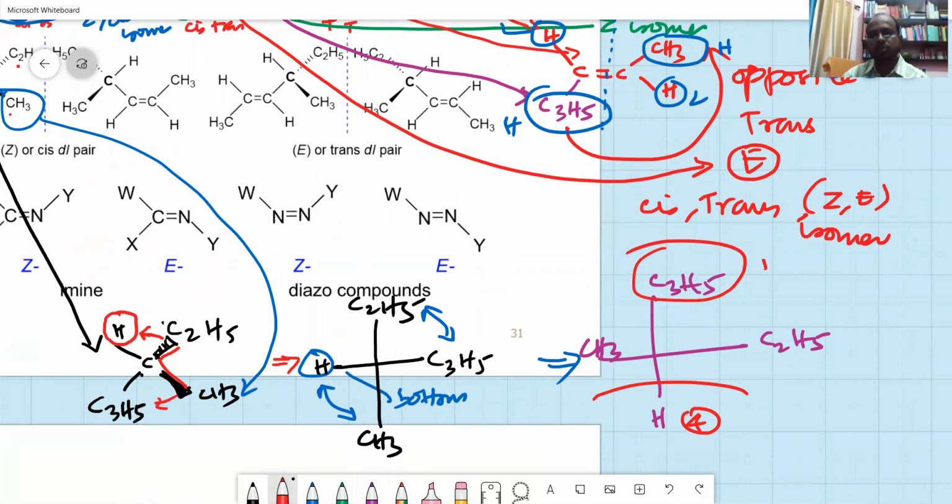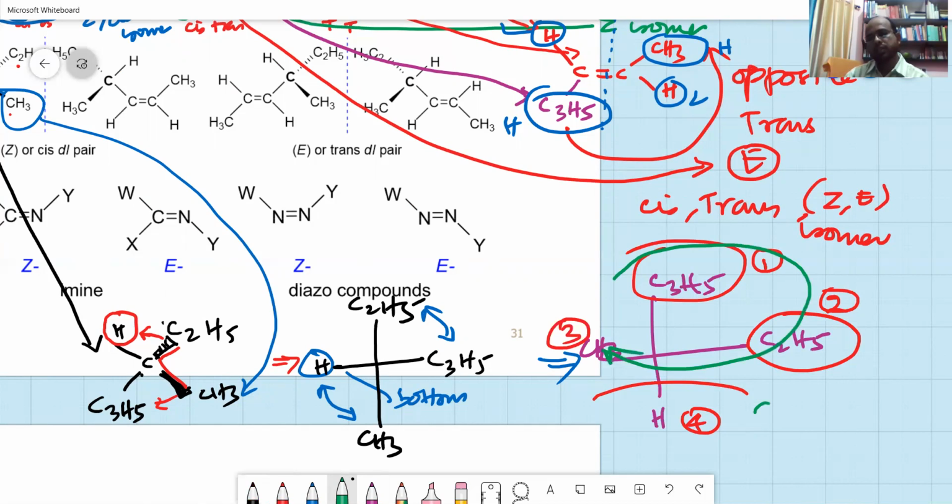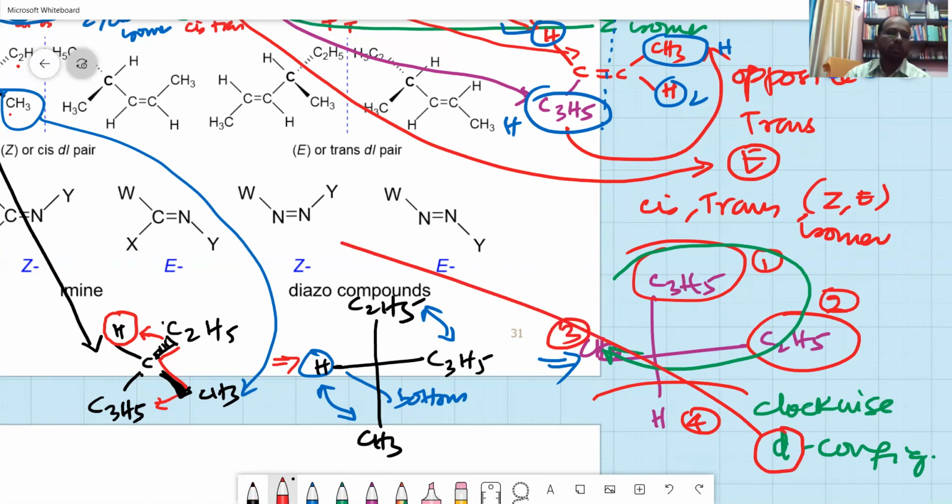Because this is a C3 group, this will have first priority, this will have second priority, and this will have third priority. So the rotation is in the clockwise direction, 1, 2, and 3. Okay, it is clockwise. So this clockwise is D configuration. Okay, this D configuration is what you are having here. D.